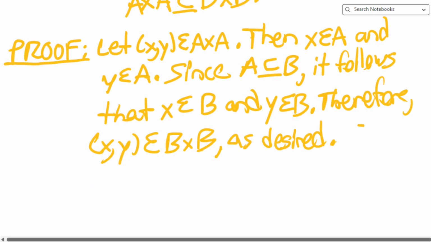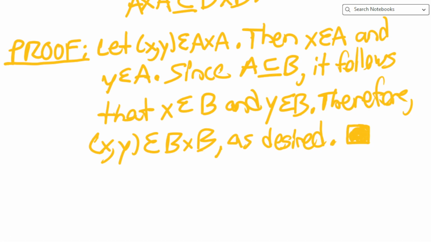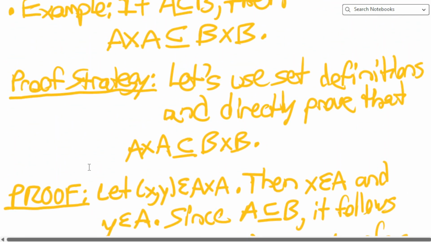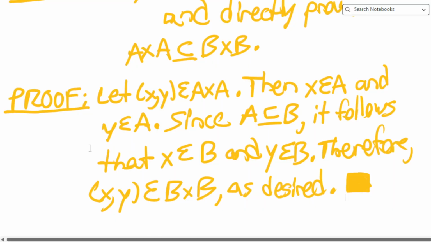Let me try rewriting that square where it looks a little better. And you may be wondering, well, why did I conclude with (x, y) is an element of the Cartesian product of B and B and didn't write the statement we were trying to prove, that the Cartesian product of A and A is a subset of the Cartesian product of B and B?